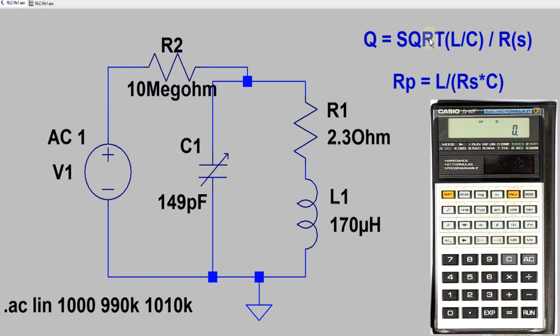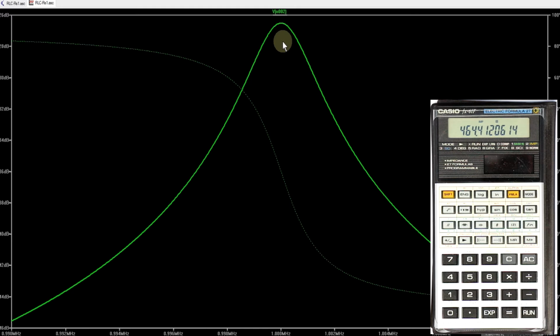We have to take the square root of L divided by C, so we put 170 microhenries divided by 149 picofarad, take the square root and then finally divide it by the series resistance, which is in our case 2.3 ohms, and this gives us a Q factor calculated as 464, and that's just what we get here as estimated, rounded to 500, with the bandwidth measurement, or in this case simulated bandwidth measurement.